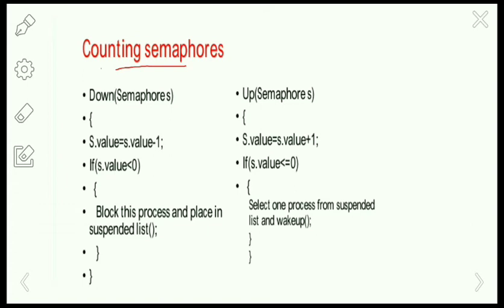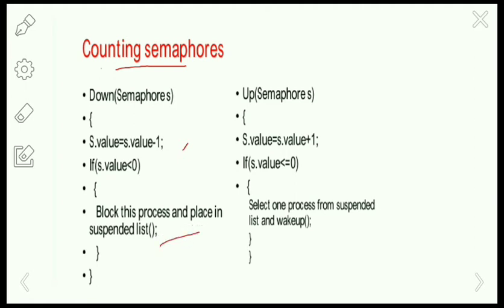So in the down operation, it is going to decrement the value by 1. So that is the semaphore s dot value. So we are going to initialize the variable s as a semaphore, and we are going to decrement the semaphore value by 1 here. And if suppose the semaphore value is less than 0, then it is going to block the process and place it in the suspended list.